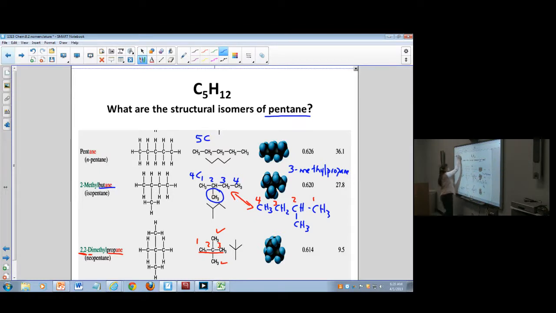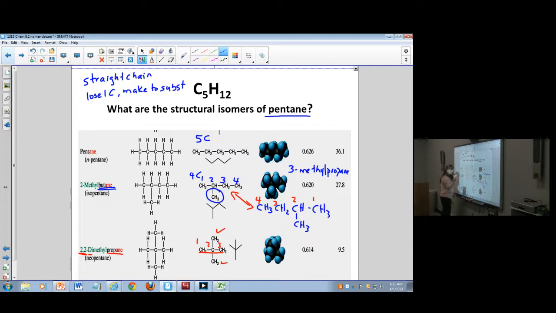So you start with a straight chain of however many carbons you're supposed to have. Start with a straight chain. Then you go down one, lose one carbon, and make it a substituent. So instead of having the pentane molecule, we're talking now about the butane.